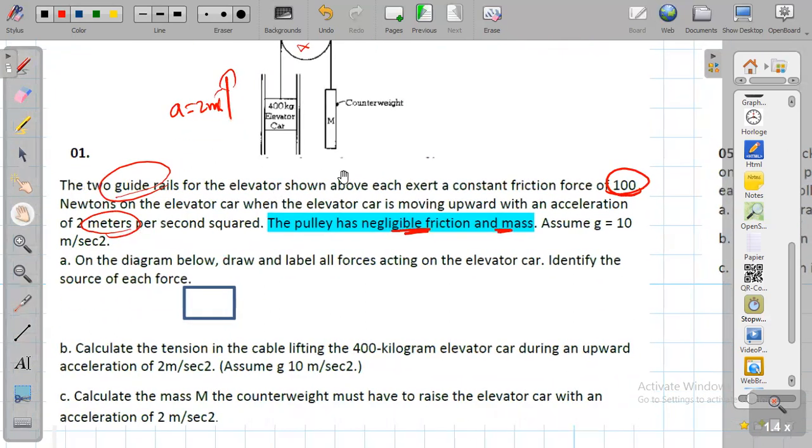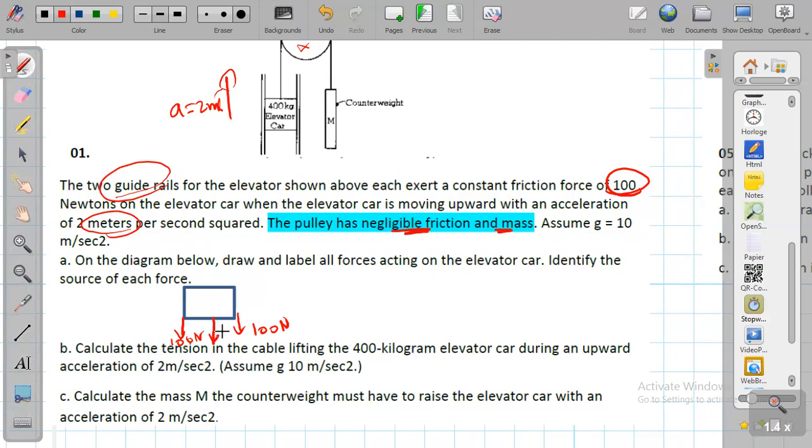The guide rails exert a constant friction of 100 newtons. There is 100 newtons here, and this one also exerts 100 newtons.